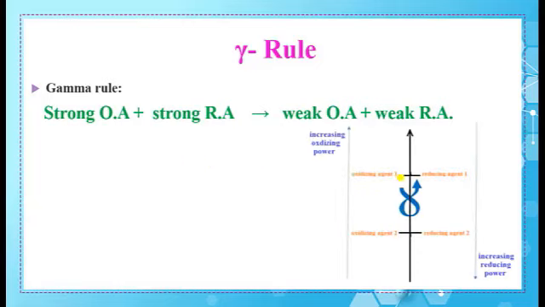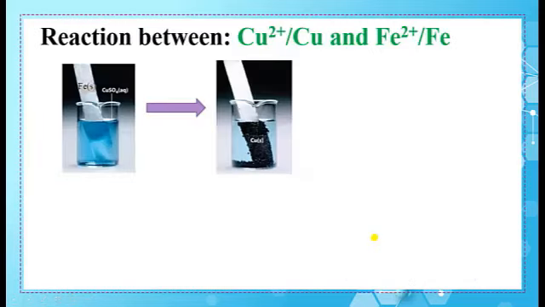As you can see here in the axis, it takes place between the oxidizing agent 1, which is the strongest oxidizing agent, and the strongest reducing agent to give the oxidizing agent 2, which is weak, and the weak reducing agent. The opposite of the gamma rule does not proceed. A reaction cannot take place between the weak reducing agent and the weak oxidizing agent.